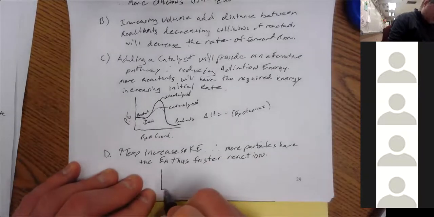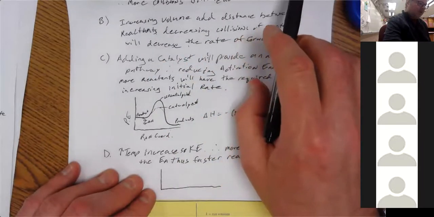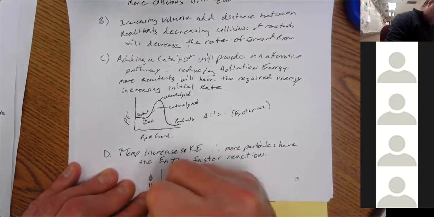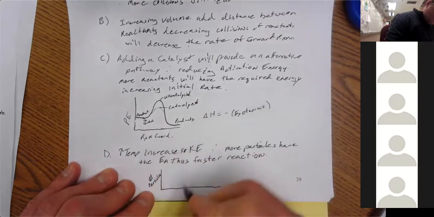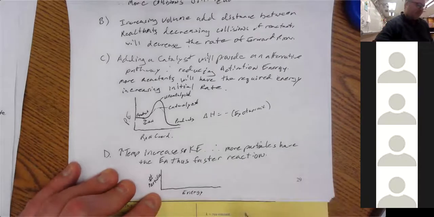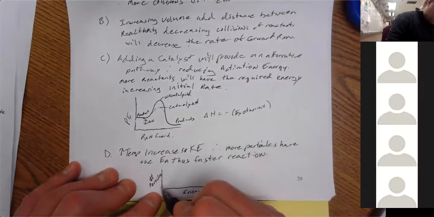Then we need our diagram. Again, they have told us the number of particles as a function of energy. Basically, this is that Boltzmann curve. So we basically start over here.